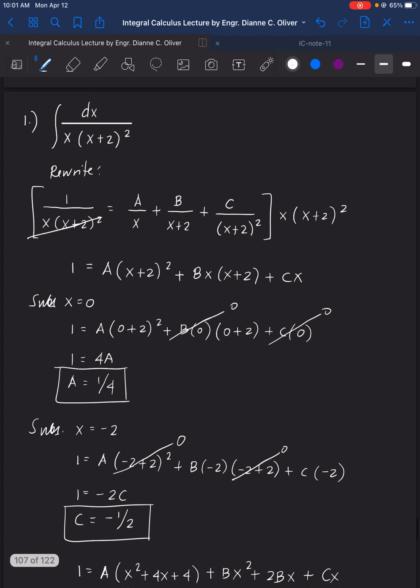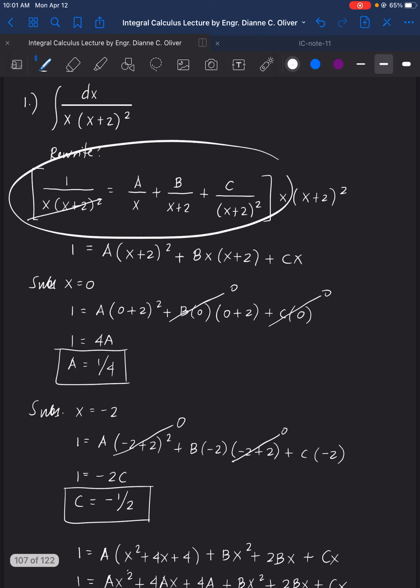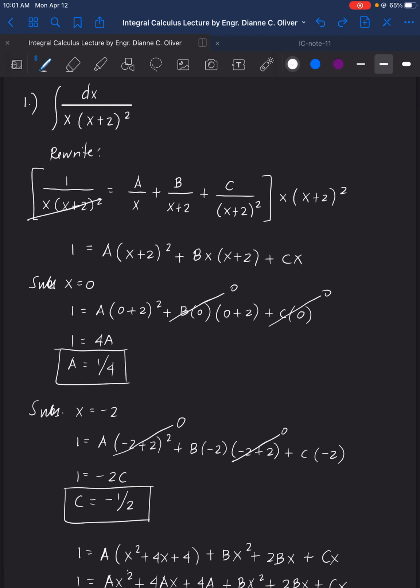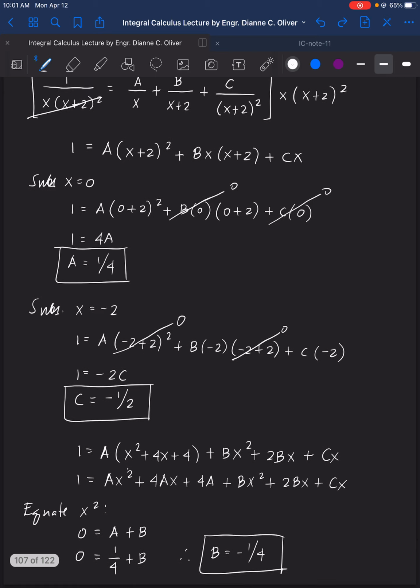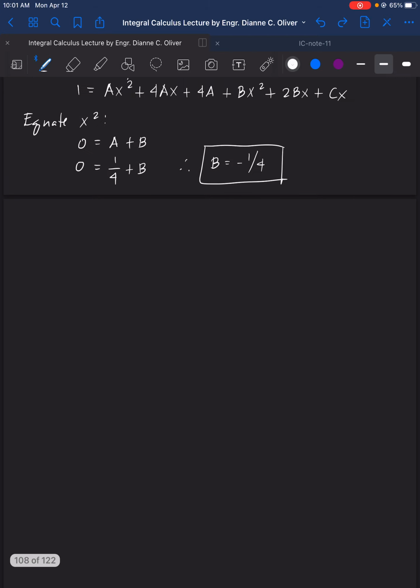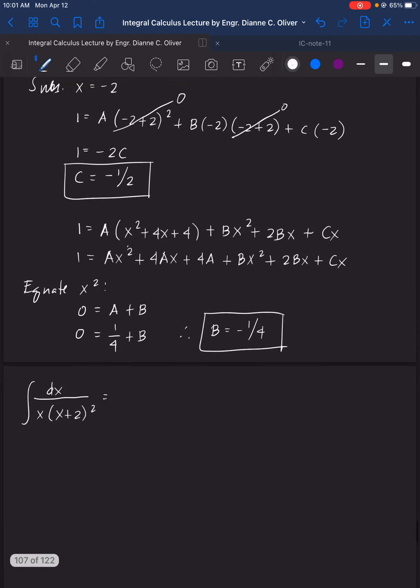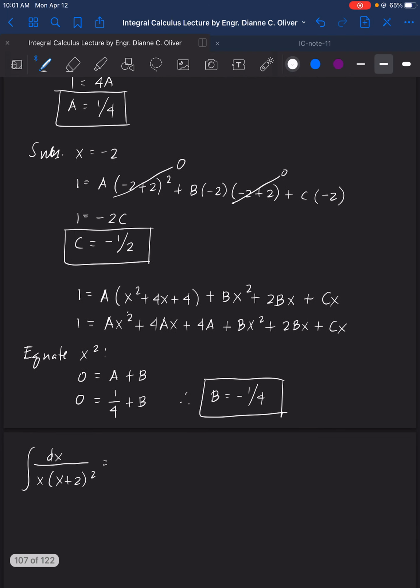Now let's proceed to solving this. We need to go back, rewriting that. The integral of dx all over x times x plus 2 squared is equal to the value of a. What's the value of a? That is 1/4. So we have here 1/4 integral of dx over x.